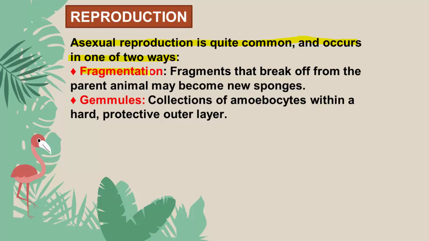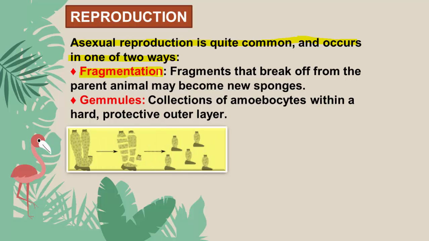Then asexual reproduction commonly occurs by the method of fragmentation. This is not a new term for you. You have been learning this since the first chapter. What happens in fragmentation? The body, this is the entire animal body, the sponge body, is divided into a number of pieces.